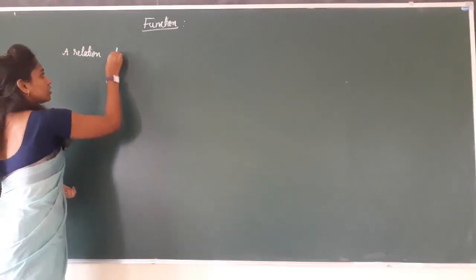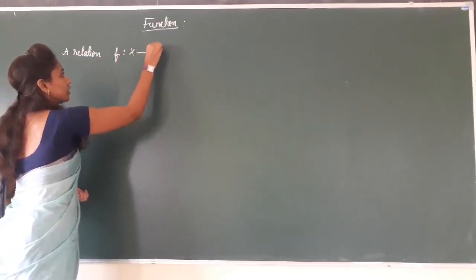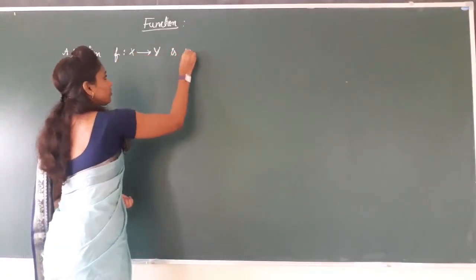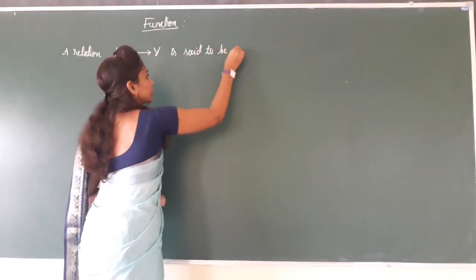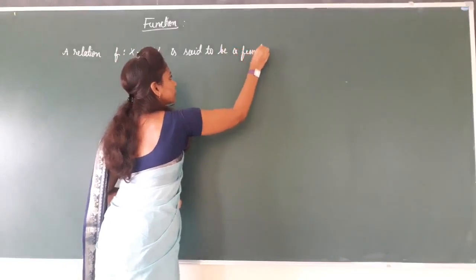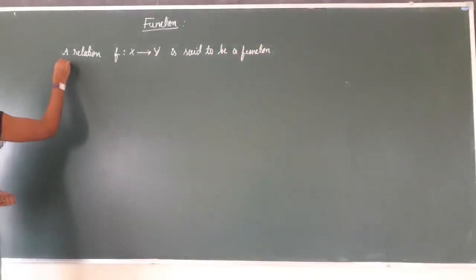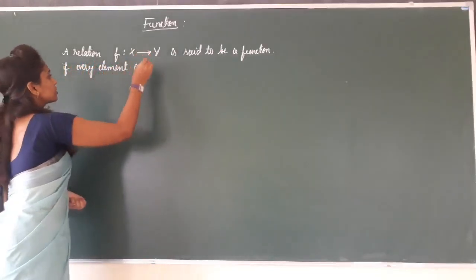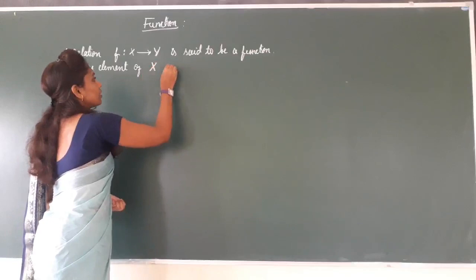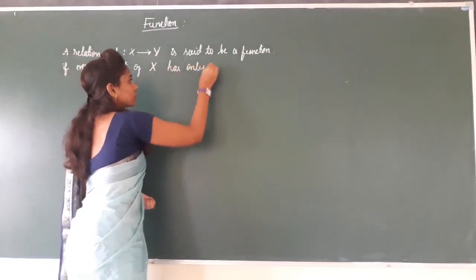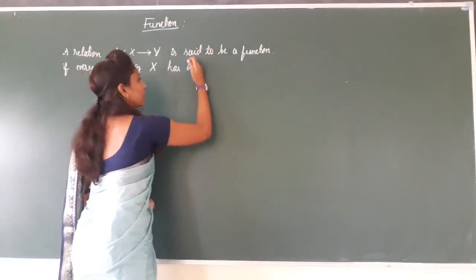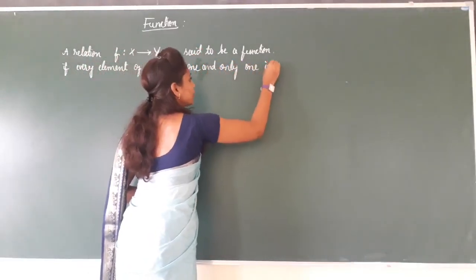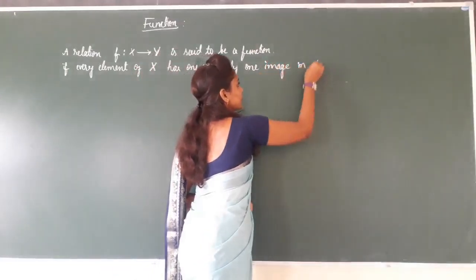A relation f from set X to Y is said to be a function if every element of set X has one image in set Y.